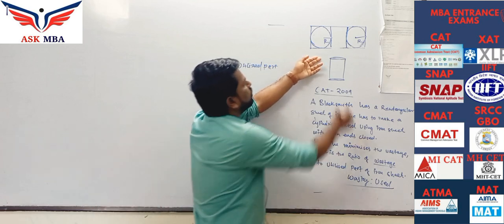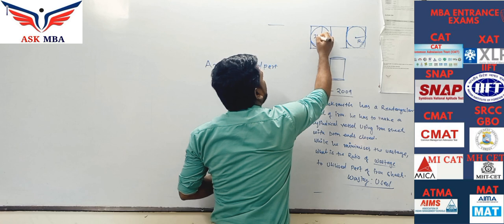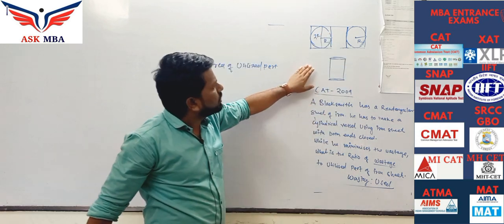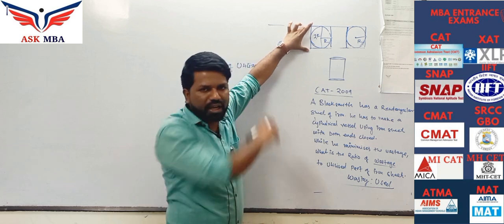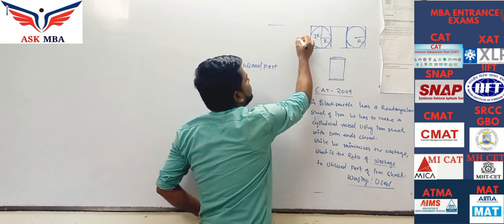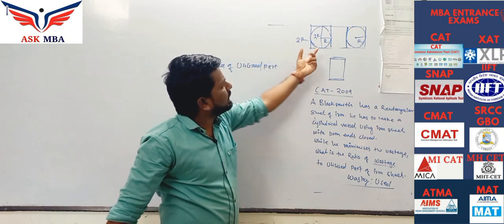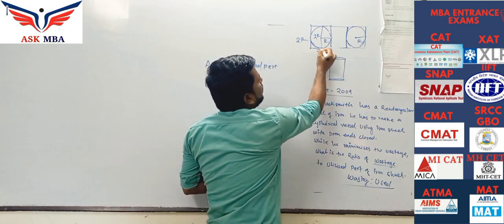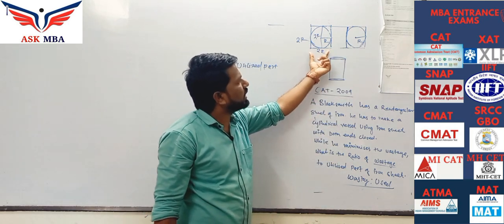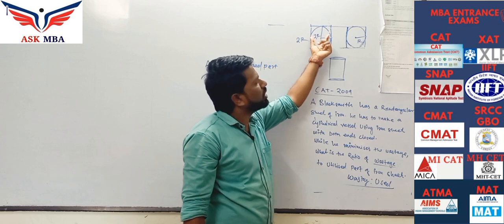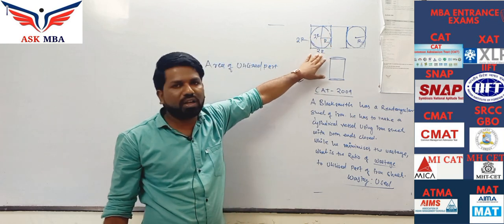As we have assumed the radius of this circle is r, the diameter will be 2r. This diameter is equal to one side of the entire rectangular sheet, so this is also 2r. The part of this rectangle side is equal to the diameter of the circle, that is why these sides will be equal to 2r.